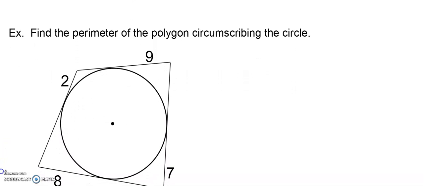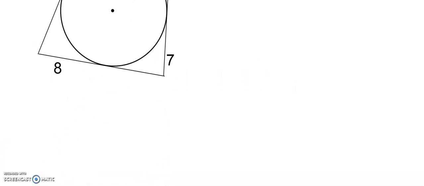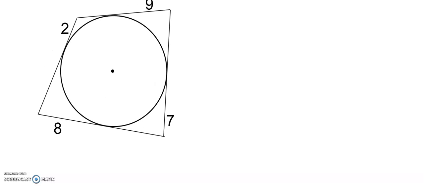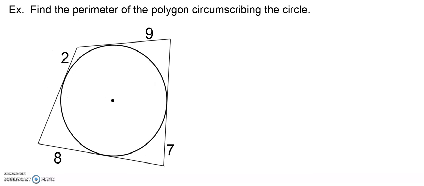I'm going to find the perimeter of the polygon that circumscribes the circle. Circumscribing means it's outside the shape, and again you have these tangents. The shape is only touching the outside shape at one point.